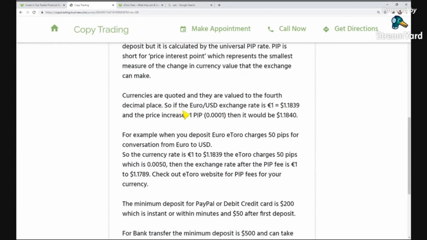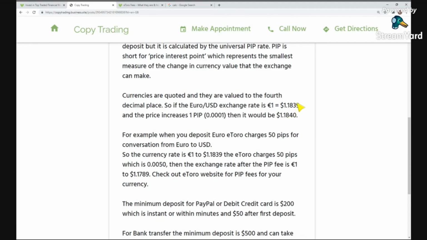Okay, so just remember that currencies go to the 4 decimal places. So if I wanted to change euro to US dollars, and the exchange rate is €1 is 1.1839, and the price increases by 1 pip. So 1 pip, remember, it's 4 decimal places, is 0.0001. So the value after it goes up by 1 pip would be 1.1840.